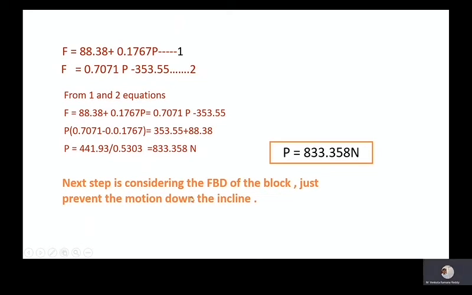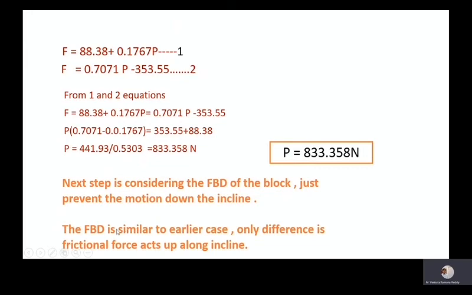Next step is considering the FBD of the block, just to prevent the motion down the incline. Here the FBD is similar to the earlier case, the only difference is that frictional force acts up along the incline, as the block tends to come down.